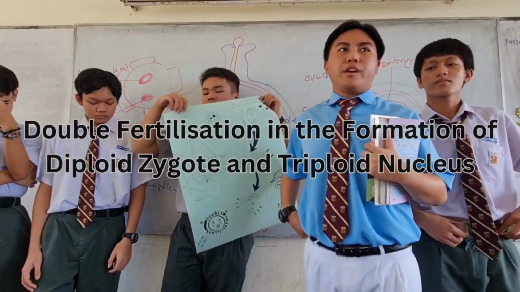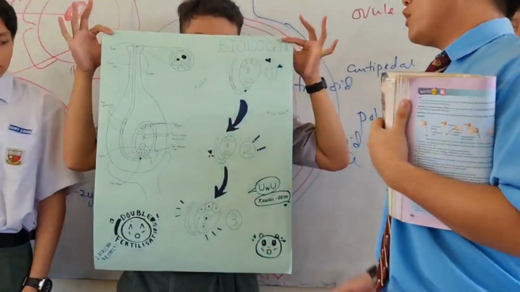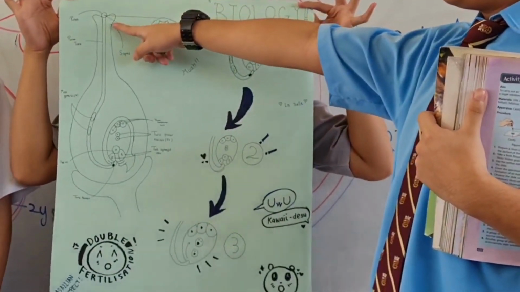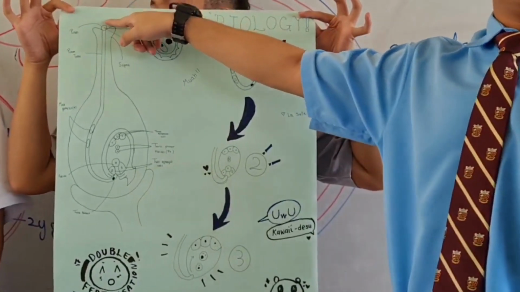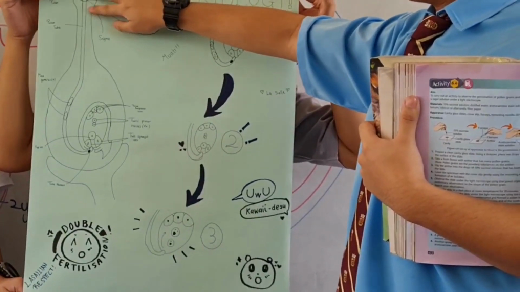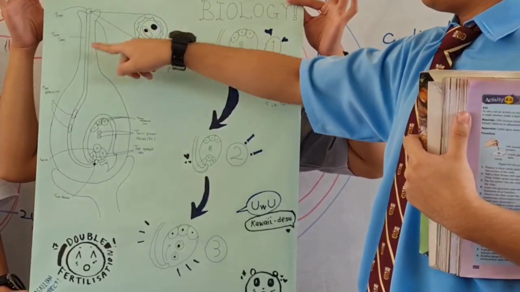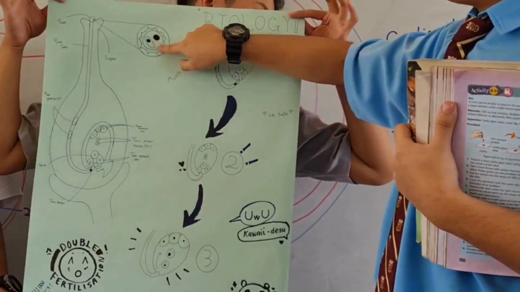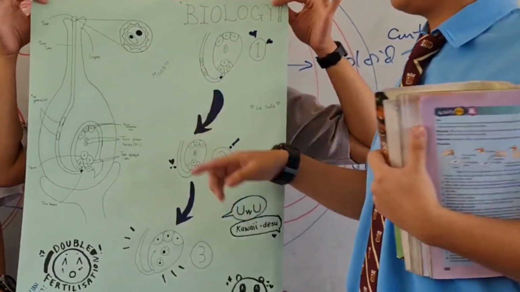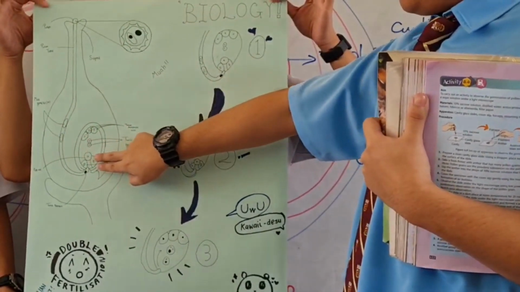So today we will be explaining about double fertilization. Okay, so after the pollen grain lands on the stigma, the pollen grain will germinate to produce the pollen tube, led by the tube nucleus. Okay, so the pollen tube will grow to the ovule.